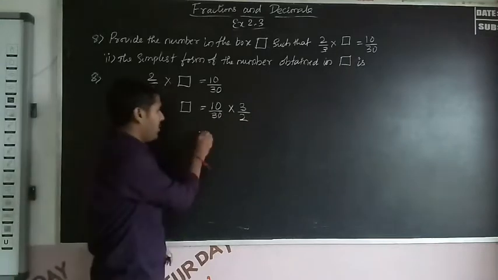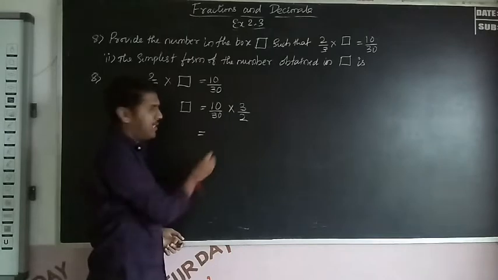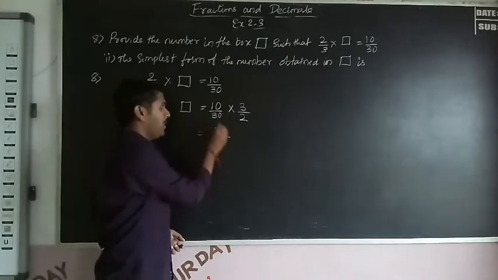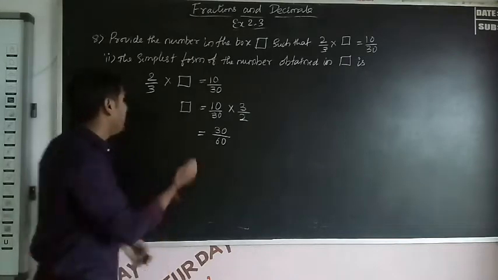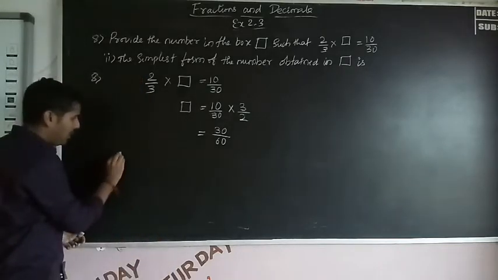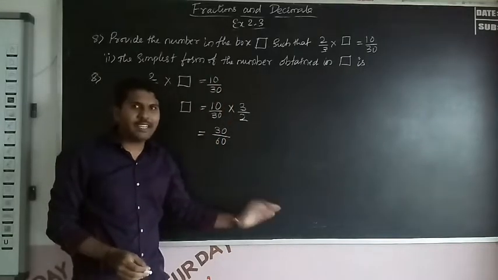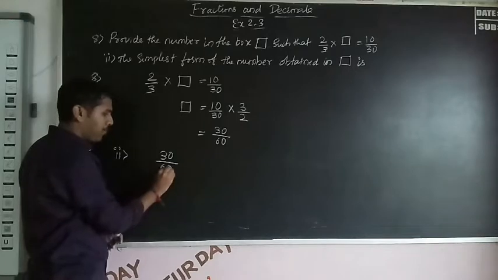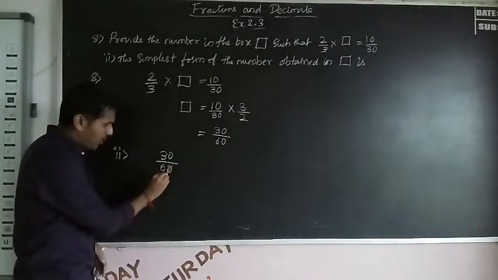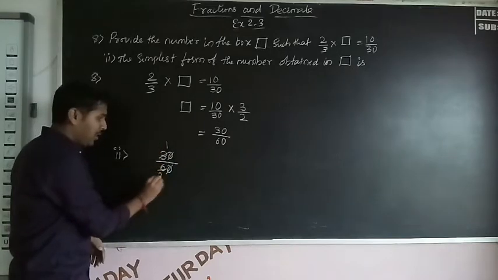So now don't cancel it, just multiply. 10 into 3, 30. 30 into 2, 60. Okay. Next, second one. Now cancel it. The simplest form, we have to cancel it now. So 30 by 60 is there. How to cancel? 0 and 0 get cancelled. Next, 3 ones are 3, 3 2s are 6.